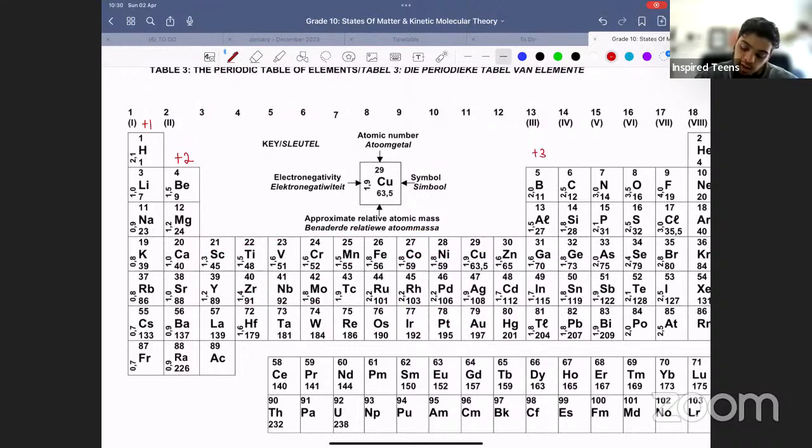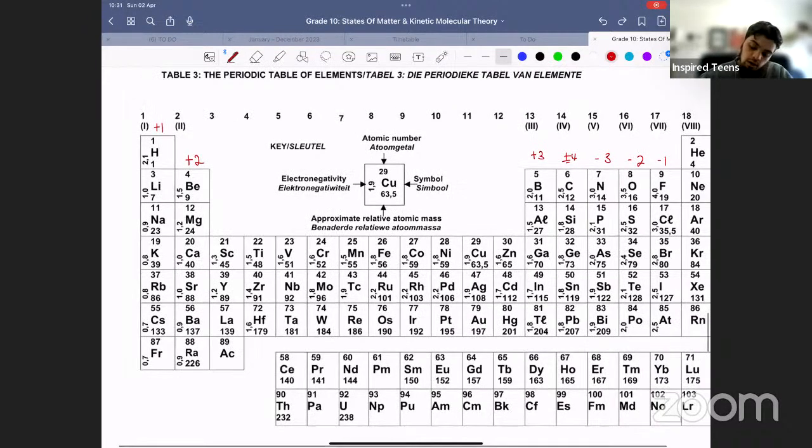Here you have +3, plus or -4, -3, -2, -1. So from the Roman numeral ones only, from 1, 2, I believe that is 7. So 1, 2, 3, plus or minus 4, minus 3, minus 2, minus 1. Okay, so those are the elemental charges, right? They follow the group. You need to know those.